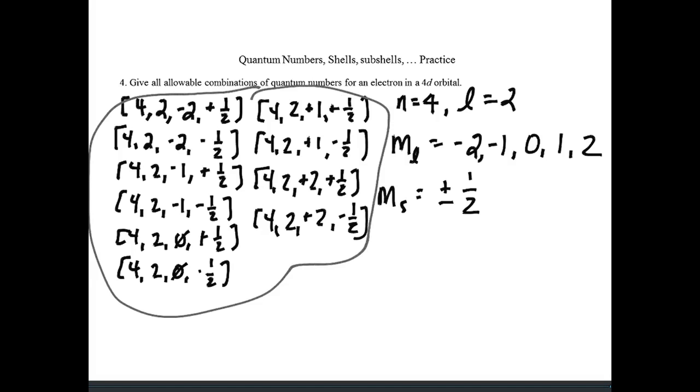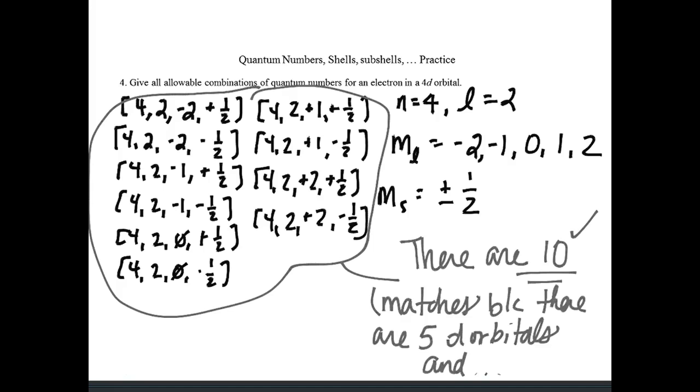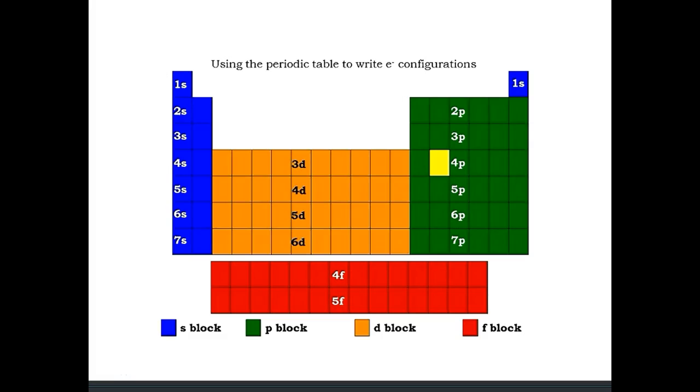So those are the 10 values. And there are 10 because there are 10 possible electrons. There are 5 d orbitals, and each one can house 2 electrons. So you should get 10.